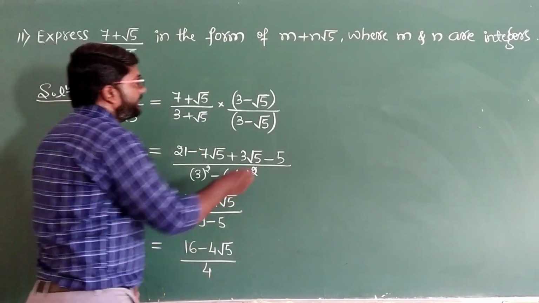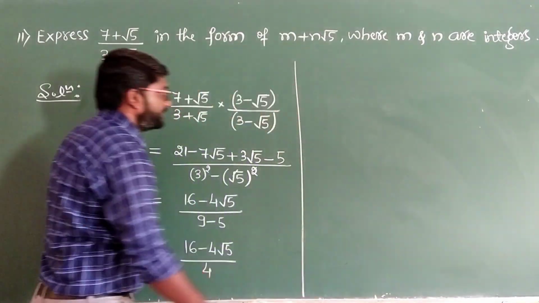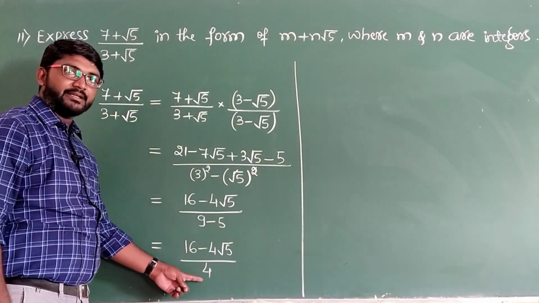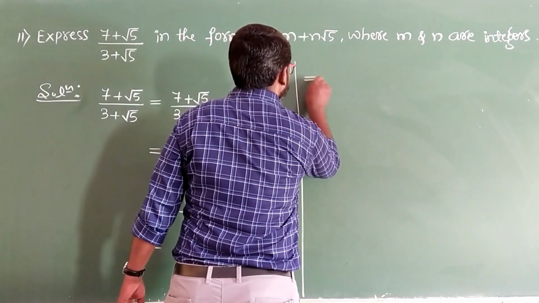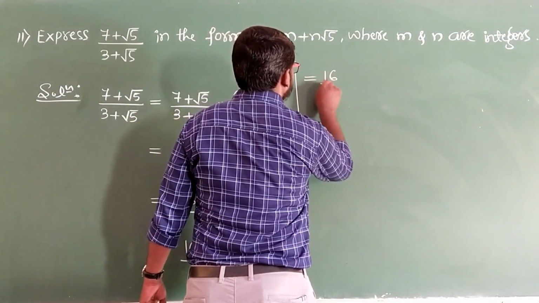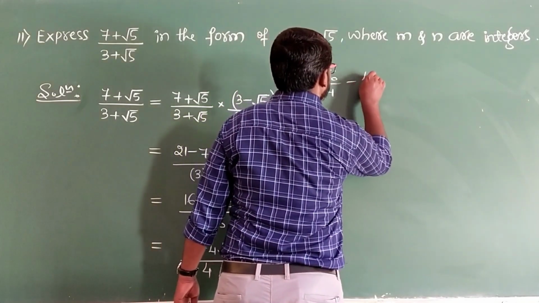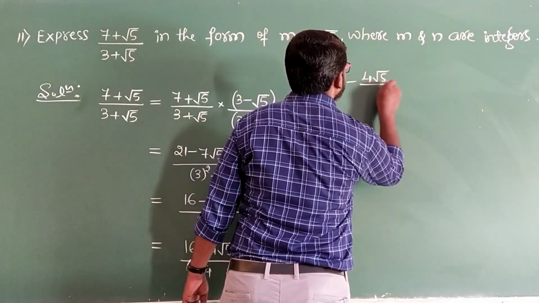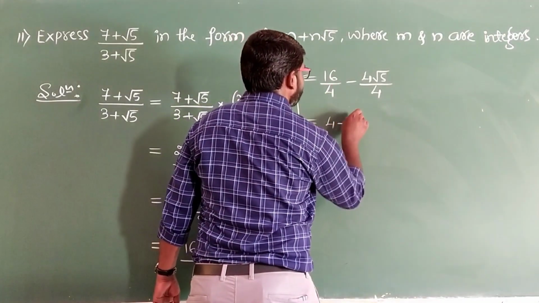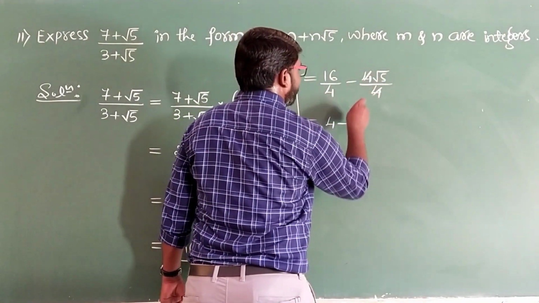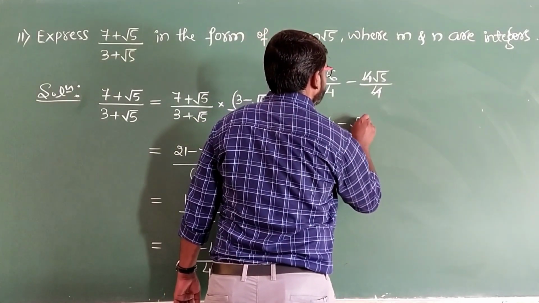So now in the next step, this can be written as 16 by 4 minus 4 root 5 divided by 4. So what is 16 by 4 now? It is 4, minus 4 and 4 get cancelled, we get root 5.